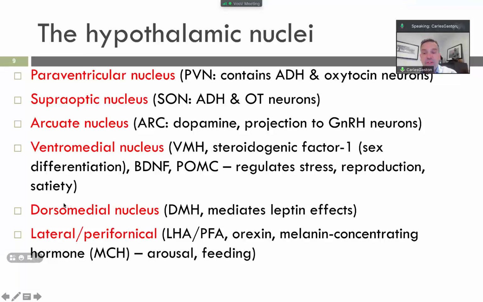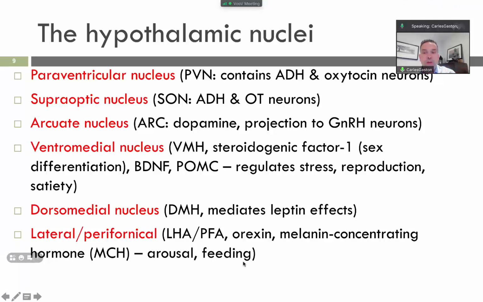We also have the dorsomedial nucleus, DMH, which mediates leptin effects, and the lateral and perifornical areas, LHA or PFA, which contain orexin and melanin concentrating hormone, and which control arousal and feeding.